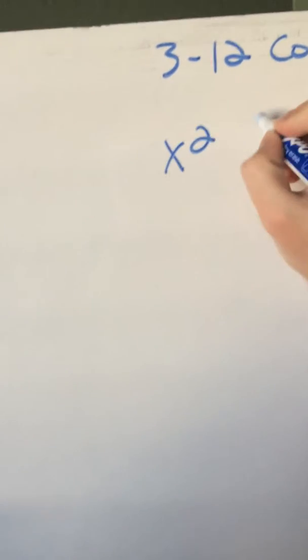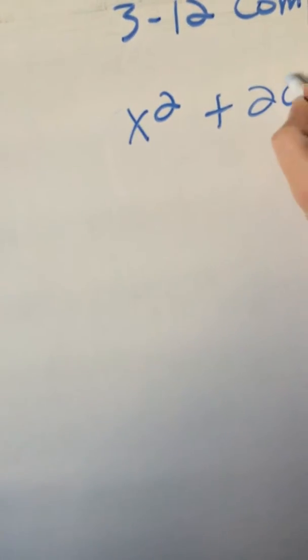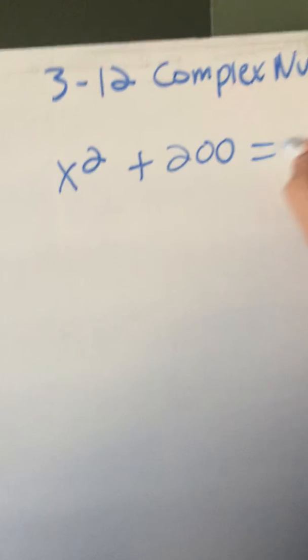Next we're going to solve with radicals that are negative. So let's do 2x squared plus 200 is equal to 0.